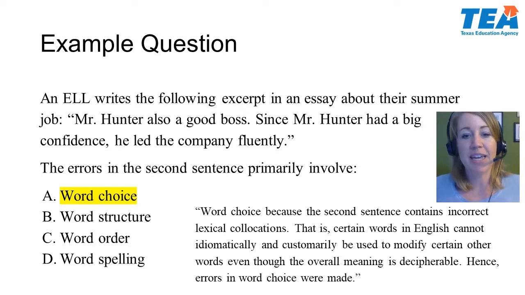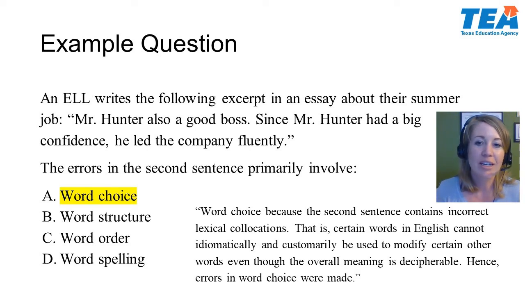Specifically, the explanation they gave was that the second sentence contains incorrect lexical collocations. That is, certain words in English cannot idiomatically and customarily be used to modify certain other words, even though the overall meaning is decipherable. Here's what it's saying. This sentence still makes sense. You and I both understood it, but the issue is that the right words weren't used together.